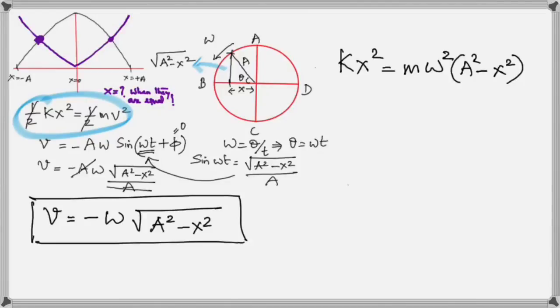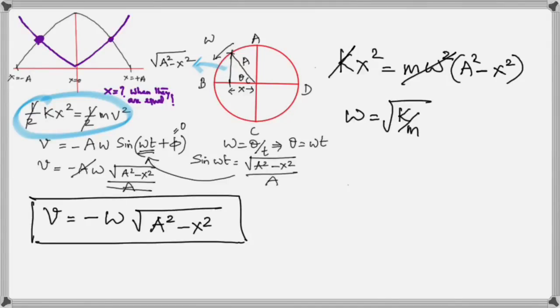Right? And which means, watch. How do I cancel k and m? Because they're equal. You forgot that omega is root k by the mass. Do you remember that?